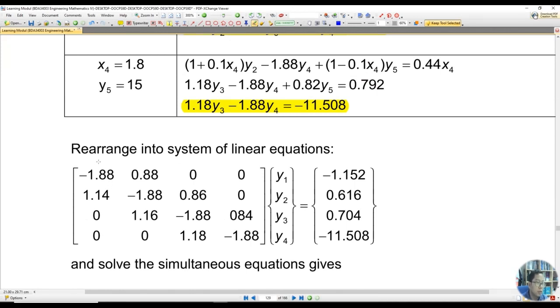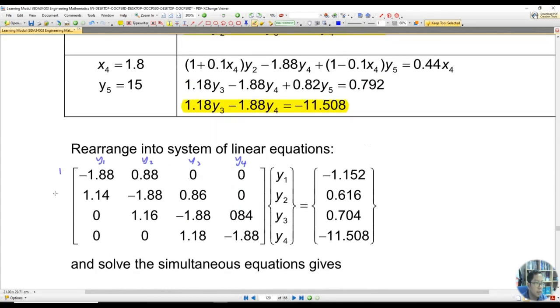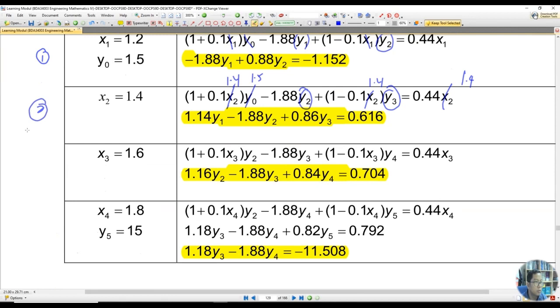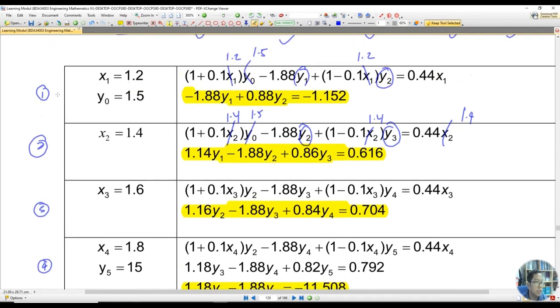So in this case, this is y1, this is y2, y3 and y4. So this is the first element, second element, third element and fourth element. This one is 1, 2, 3 and 4. In the first element we know minus 1.88 y1 and plus 0.8 y2.